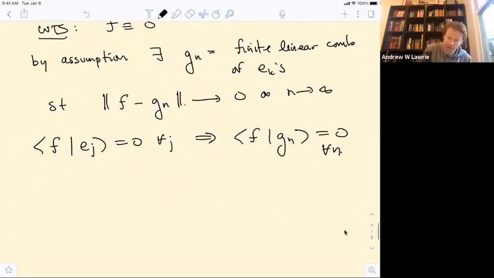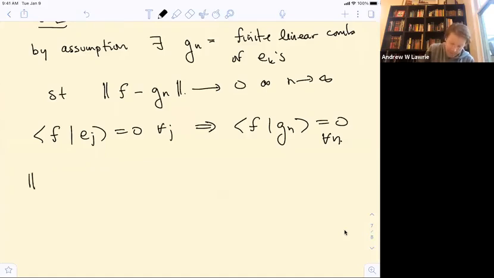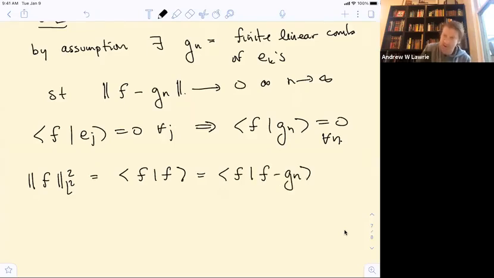Now we can apply Cauchy-Schwarz. So norm of f squared is equal to f paired with f, which by the above is equal to f paired with f minus Gn, because this is equal to 0.